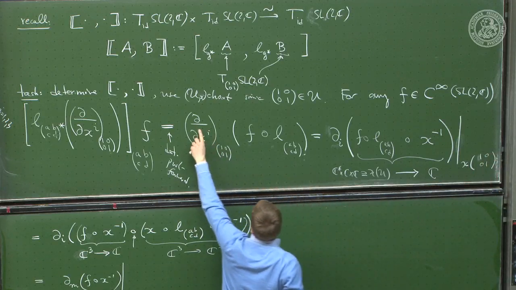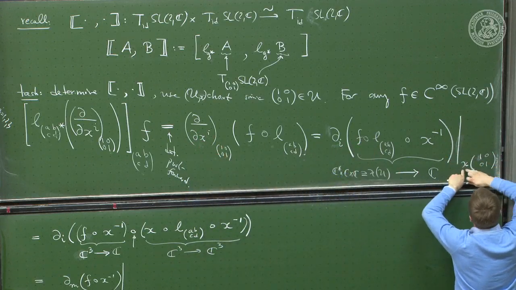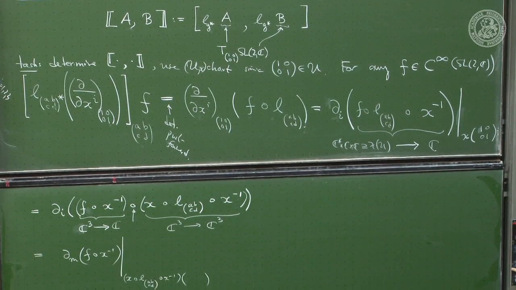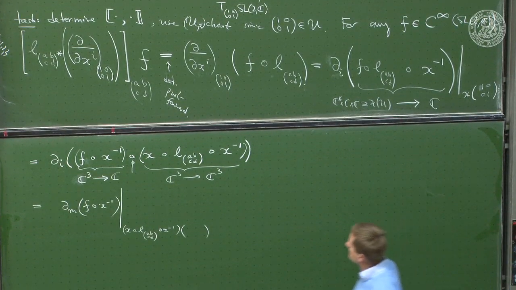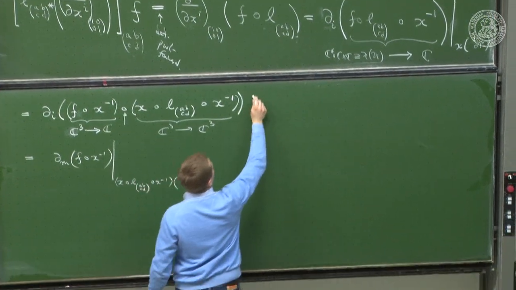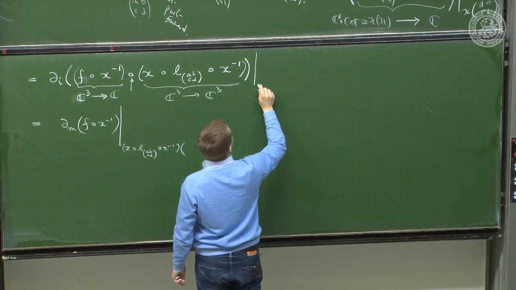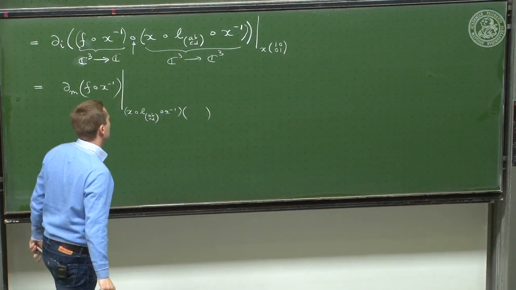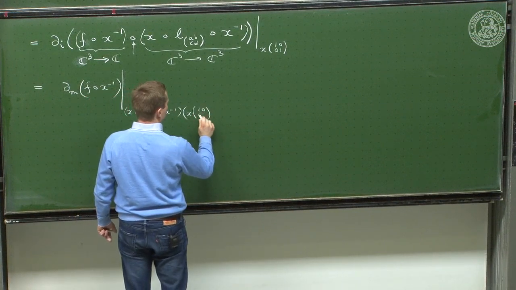If there's a del by del xi at the point P, then this is evaluated, in the chart, at the coordinates of that point. Agree? So it's at that point. And so here it must say all of this is evaluated at the point x of 1, 0, 0, 1.